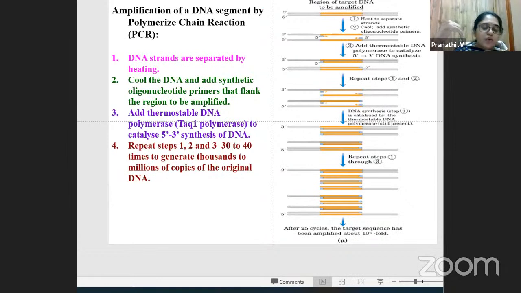And then you also have specific clone selection, wherein different techniques have been identified to check for specific DNA sequences and whether those inserts are present or not. Hybridization of nucleic acid is one of the commonly used techniques. So colonies of the transformed host bacteria with the recombinant clones are used to make replica plates.